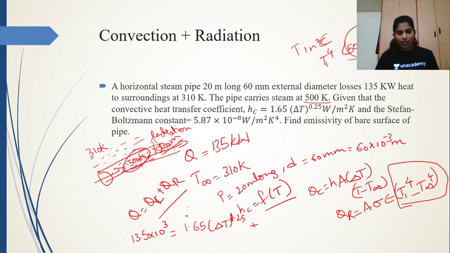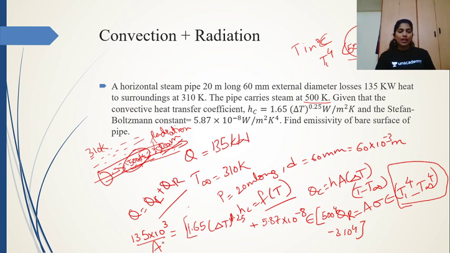Okay, so we can take out area from the whole formula, and sigma is 5.67 into 10 power minus 8 into emissivity, and T1 power 4 means 500 Kelvin, 500 power 4 minus 310 power 4, right?